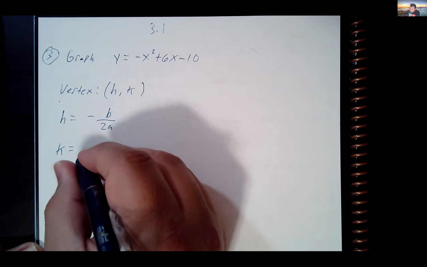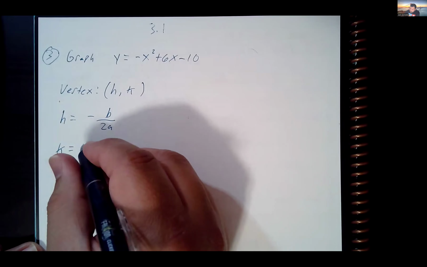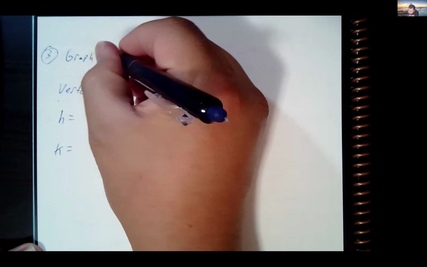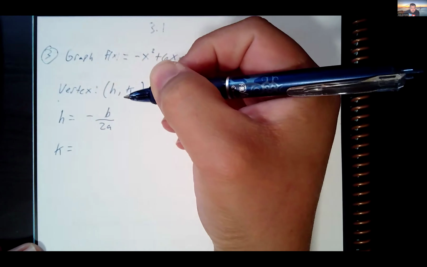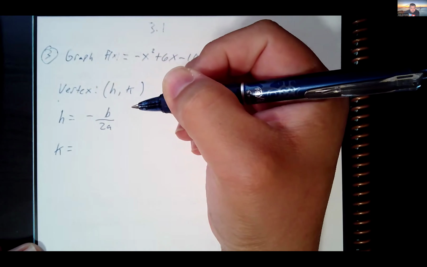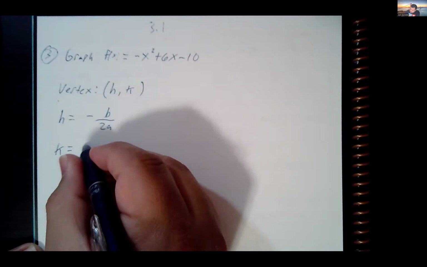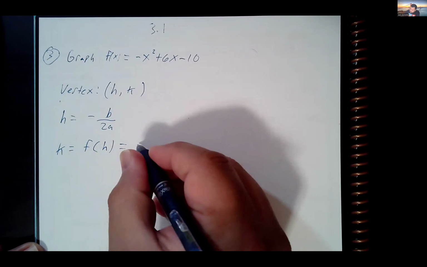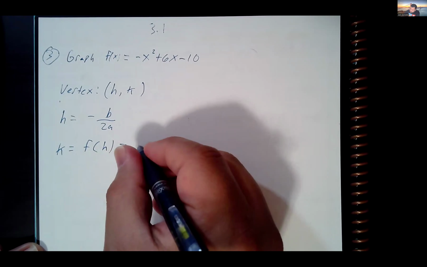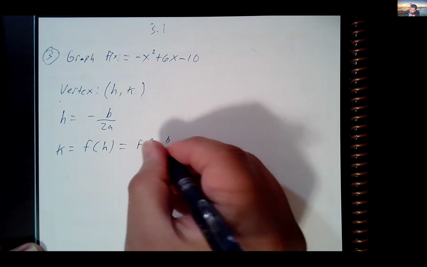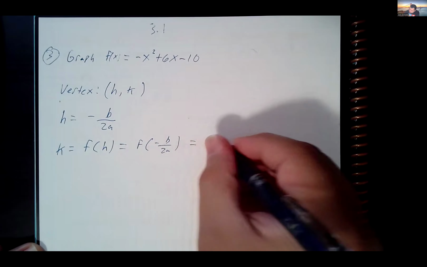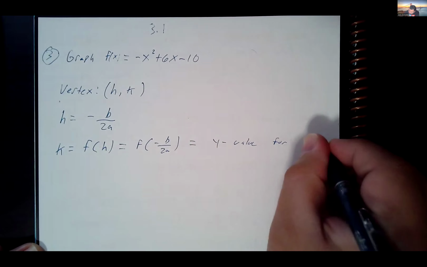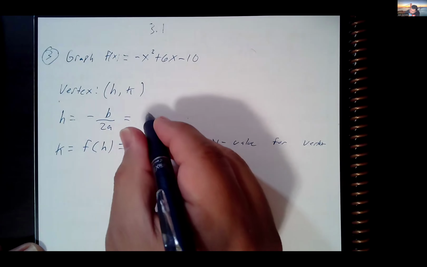So you'll plug in, I'm going to go ahead and call this f just so they can use the right notation. So f of h, which is equal to the y value, f of negative b over 2a, this equals the y value for the vertex. This is the x value.